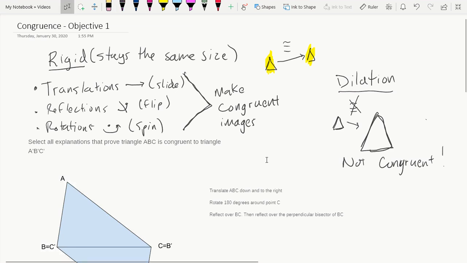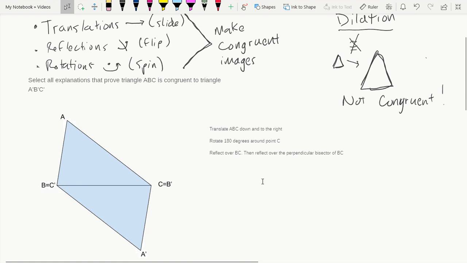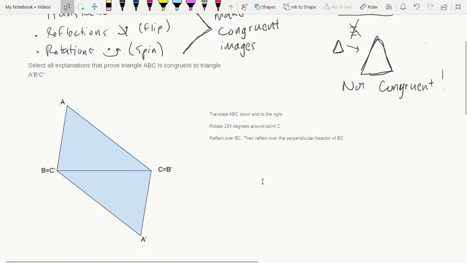Okay, so now let's look at the actual diagnostics, let's just look at 2 of them. This says select all explanations that prove that triangle ABC is congruent to triangle A prime, B prime, C prime.